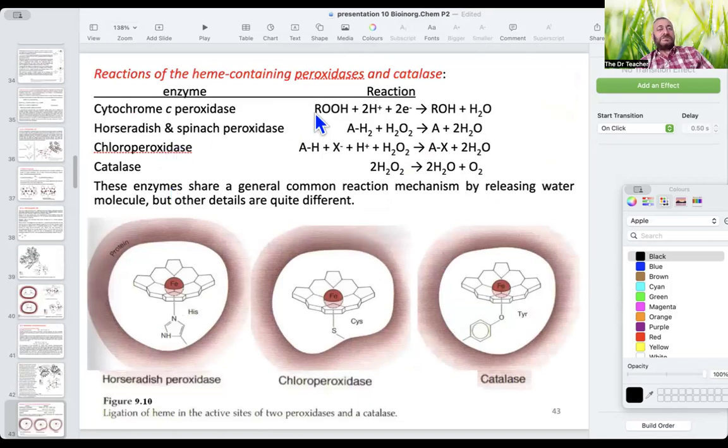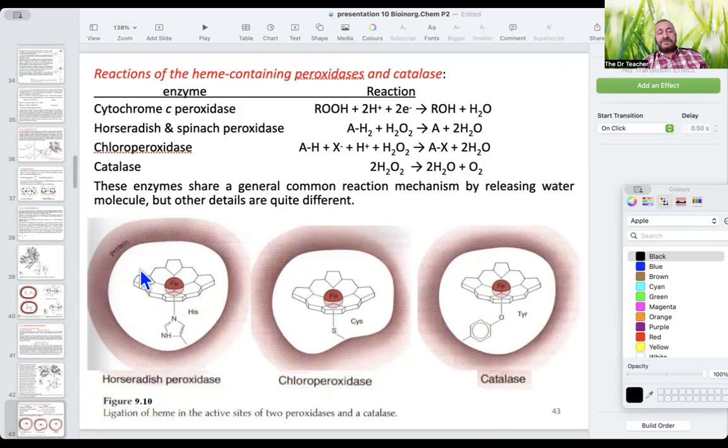Enzyme and reaction of the cytochrome C. This was my project for the bachelor degree, 4th year. I prepared cytochrome C from the liver of the bovine. And then here you have the horseradish, spinach peroxidase, and the other reactions of heme containing peroxidases and catalases.